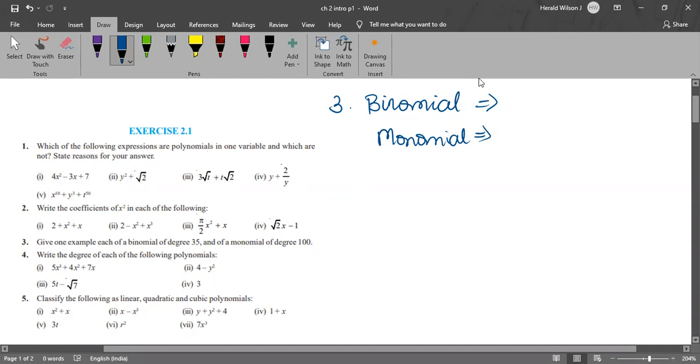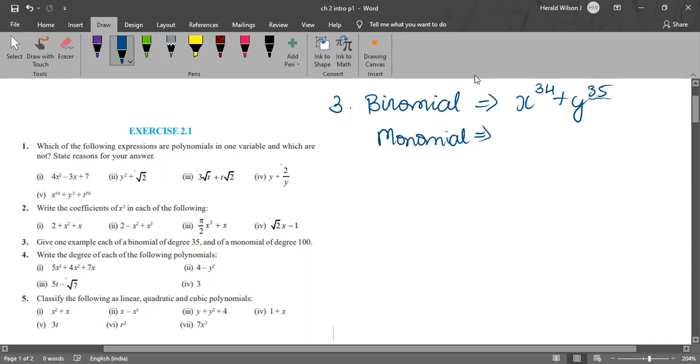Now if you have to take a binomial, you can go on giving infinite examples. So I'm only going to take one example out of my random choice. Here I'm going to take x raised to 34 plus y raised to 35. Look here, the degree is 35.